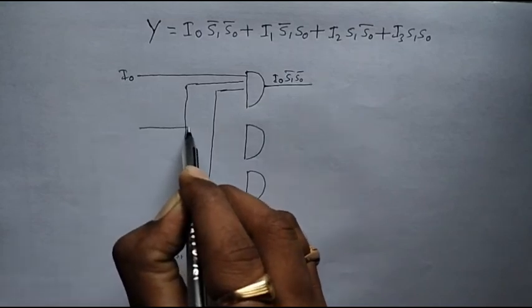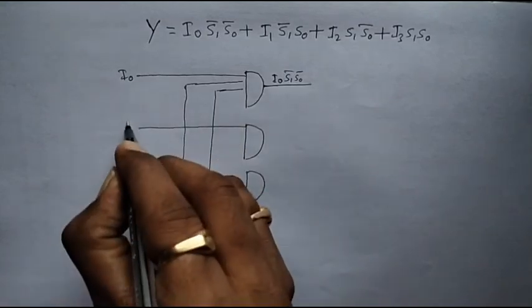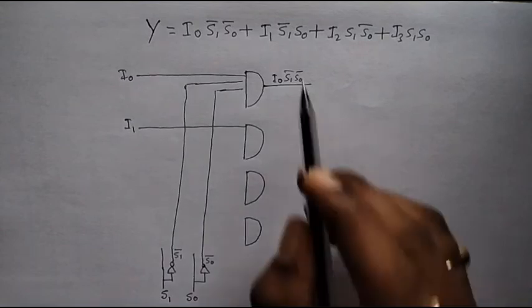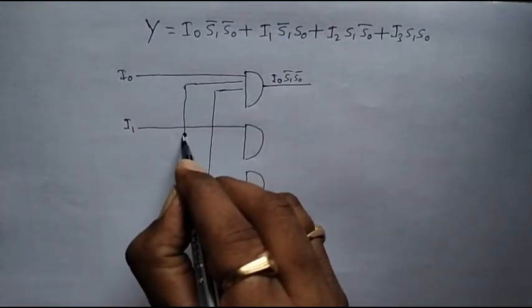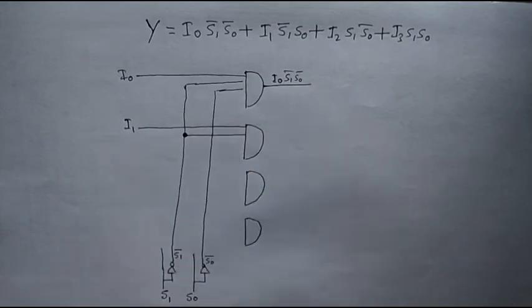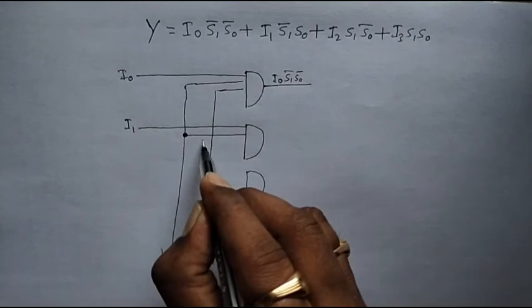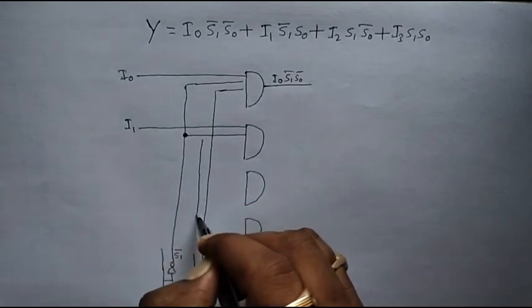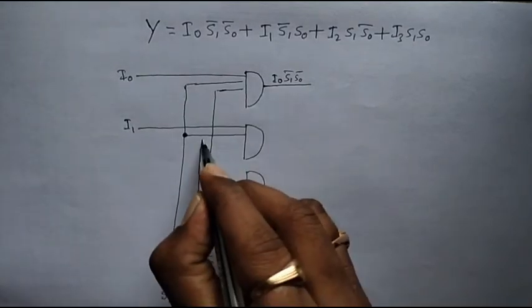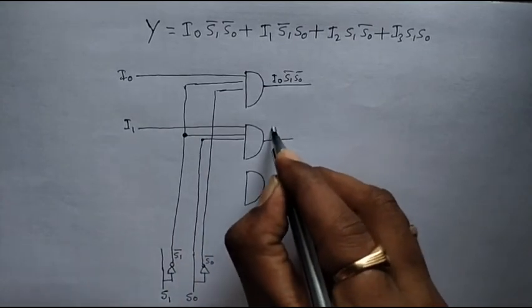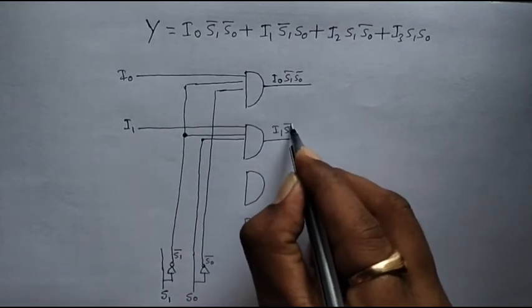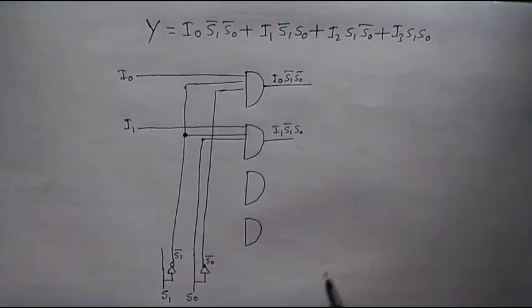Connect I1 input directly to the second AND gate, and the S1 bar line is available here, and S0 is taken from this line. So the output of this is I1 S1 bar S0.